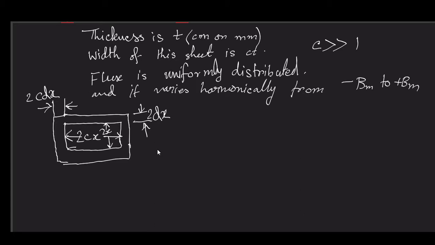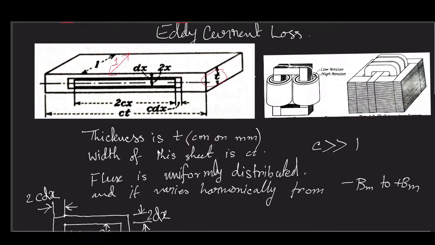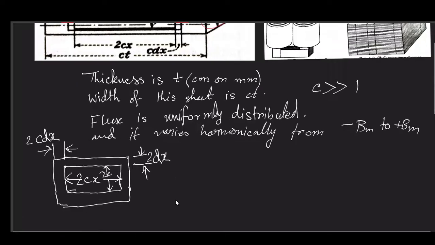Here we are considering this cross section, made up of a set of elements bounded by similar triangles, where the inner one has sides 2x and 2cx, and the outer one has sides... sorry, I made a small mistake here.